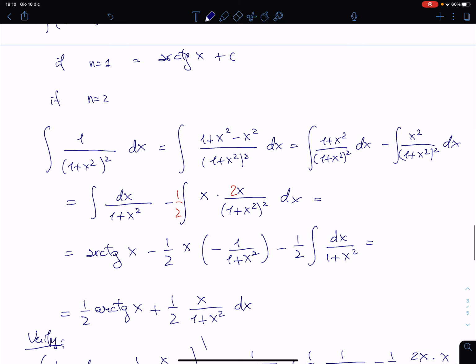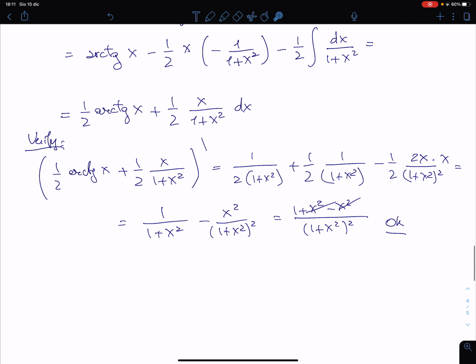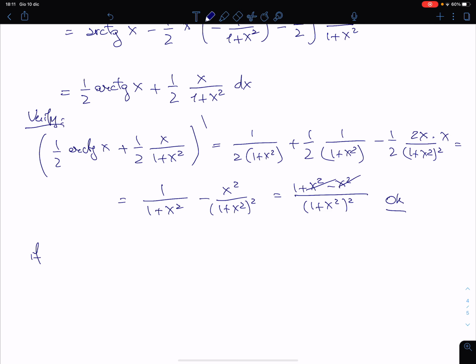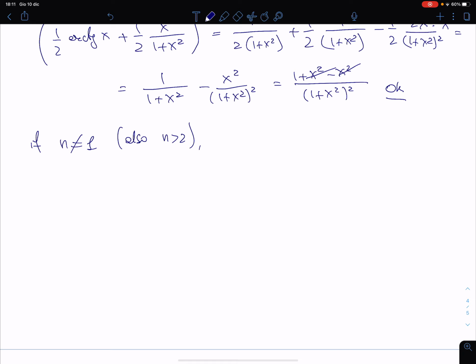So this case is already a bit more complicated. It requires being smart already when n is equal to 2. When n is larger than 2, so for every n different from 1, you have to use the same formula as before, just generalizing the method used for n equal to 2.